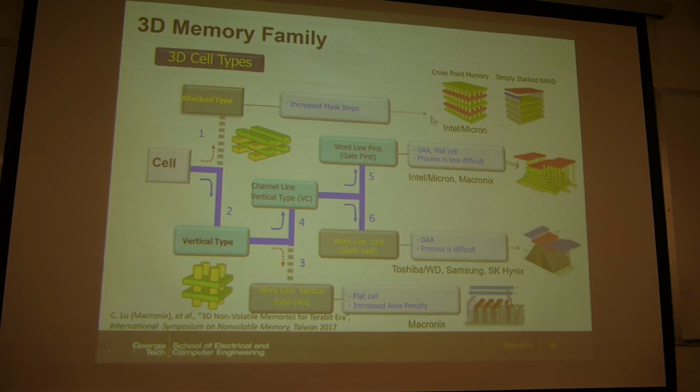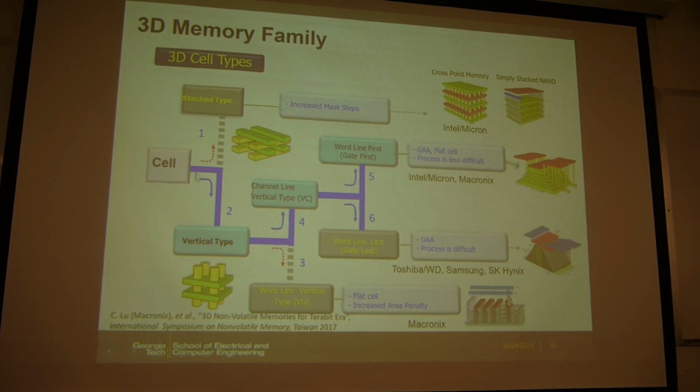However, there is still a memory based on this simply stacked approach. For example, the cross-point memory we are going to discuss maybe in the next lecture, the 3D XPoint from Intel and Micron. It's using the simply stacked approach, but that is for emerging memories, like phase change memory. So this does not apply to the NAND.